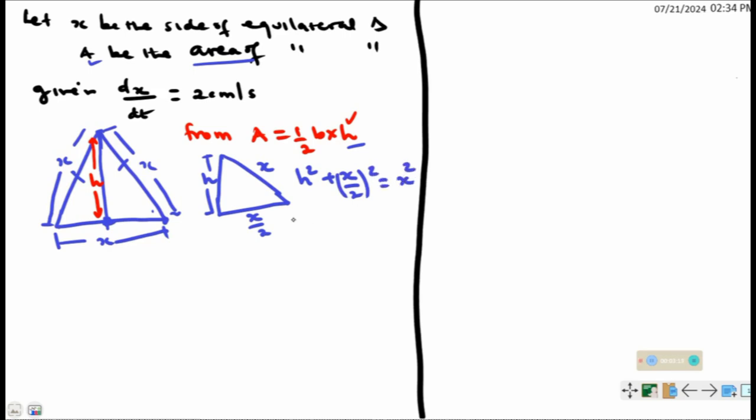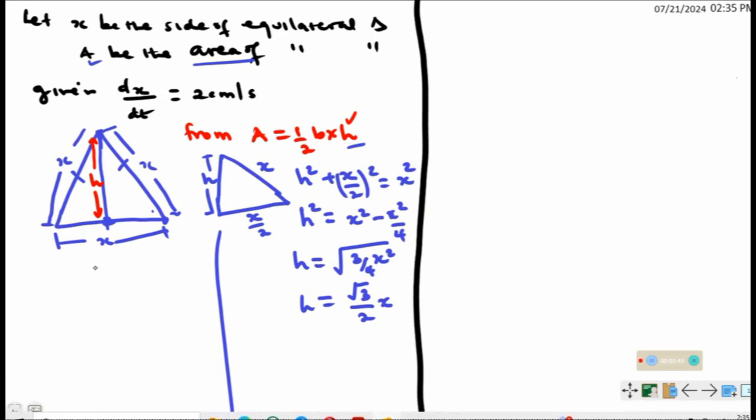For that case, it implies that h squared is actually the same as x squared minus x squared divided by 4, which means h is the square root of 3 by 4 of x squared, which will give us root 3 divided by 2 of x. This is our h.